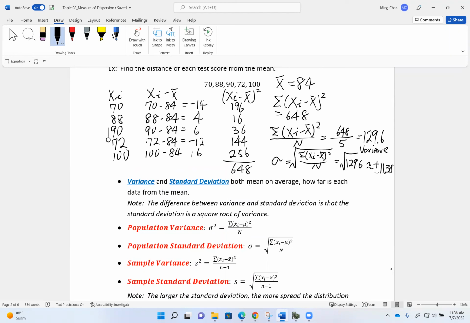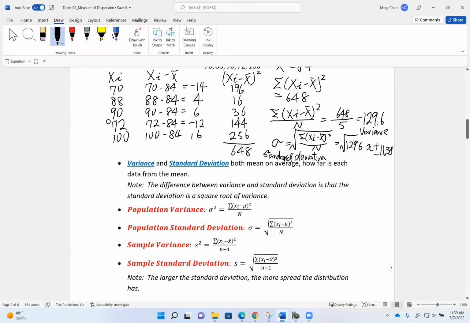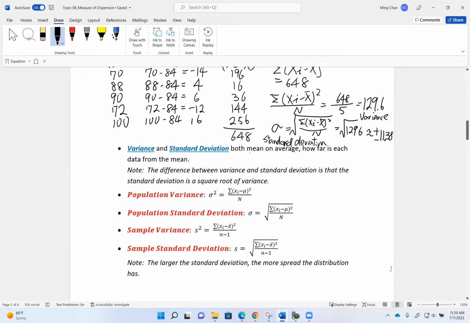So when I take the square root of it, that is called the standard deviation. So what we come up with is about 11.38 places away, above or below the mean.